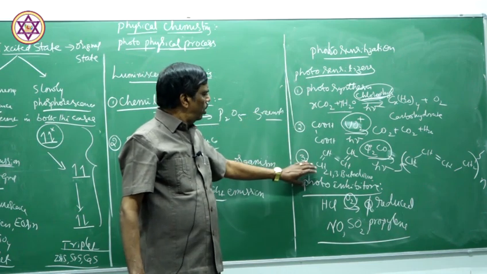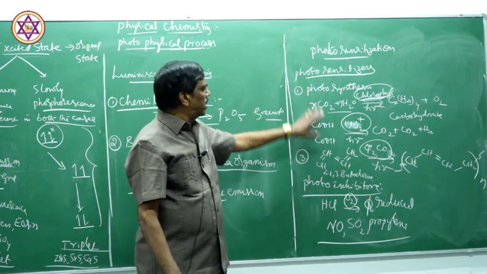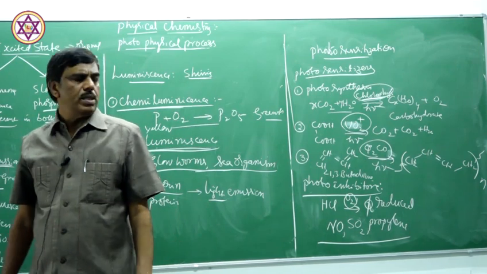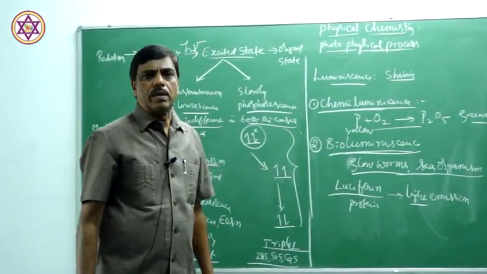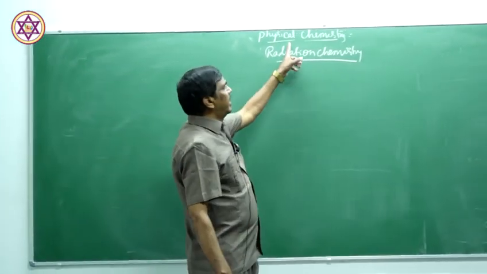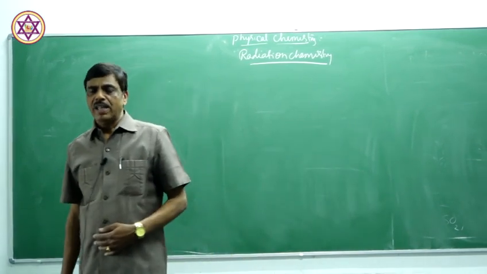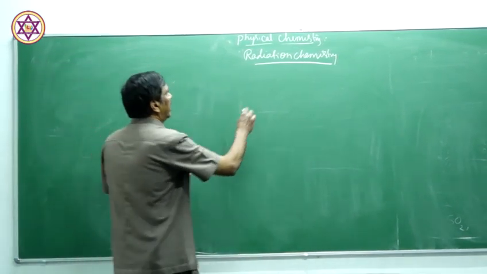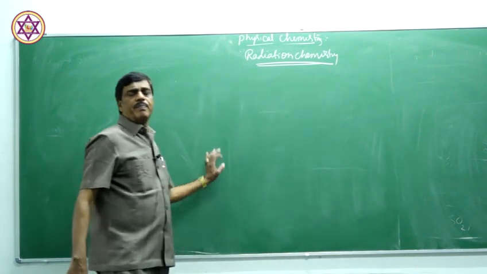So, photosensitizers and photoinhibitors are the important concepts of photochemistry.